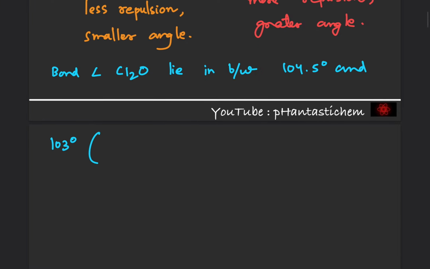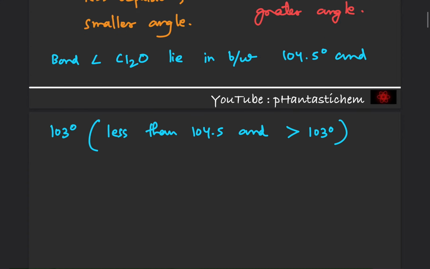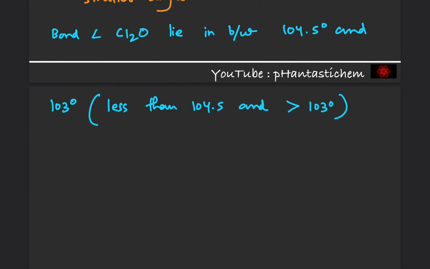That is, to be specific, less than 104.5 and more than 103 degrees. This is because the electronegativity of chlorine is 3, which is smaller than fluorine, which is 4, but more than hydrogen, which is 2.2.